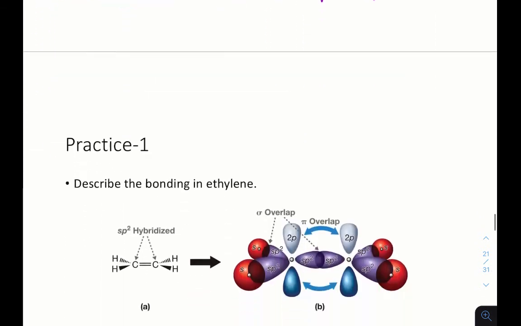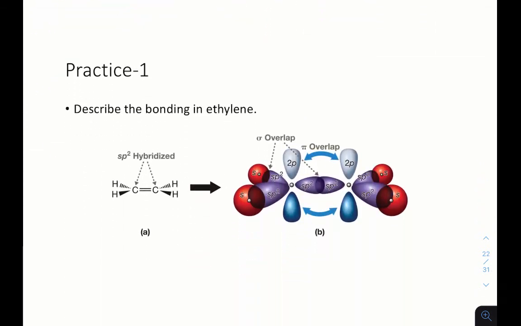Let's look at a lovely picture from your textbook. So this is showing the same thing. Each of these single bonds is made from the hybrid orbitals, and then the double bonding interaction, the pi interaction, is made from the leftover p orbitals. How do you solve problems like this where you're asked to describe the bonding?